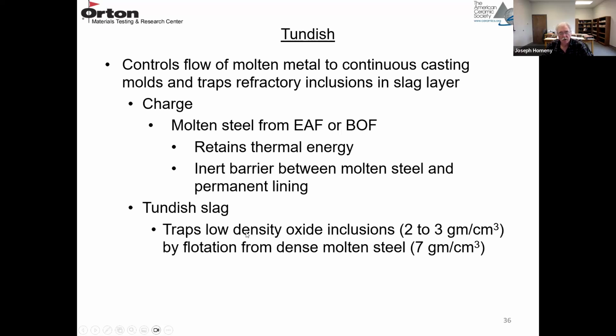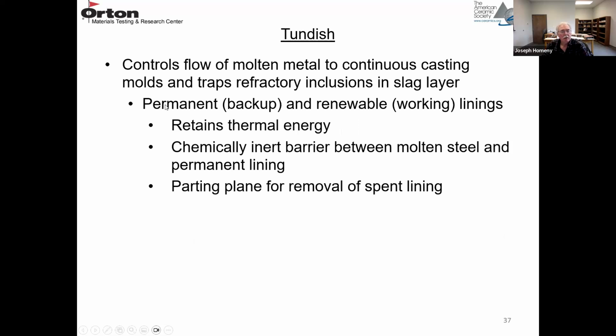So these inclusions are low density relative to the metal. So inclusions might be 2 to 3 grams per cubic centimeter. The molten metal is 7 grams per cubic centimeter. So there's a flotation process where the inclusions float up out of the metal into the slag. So these have a permanent backup lining and then a renewable working lining, or a disposable working lining.